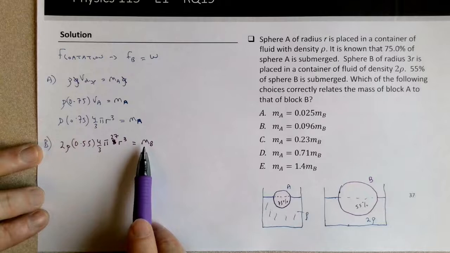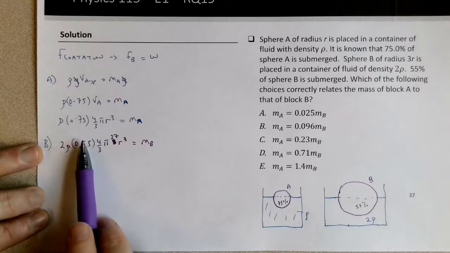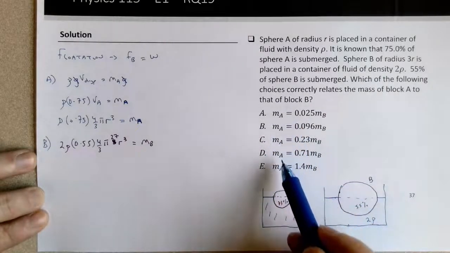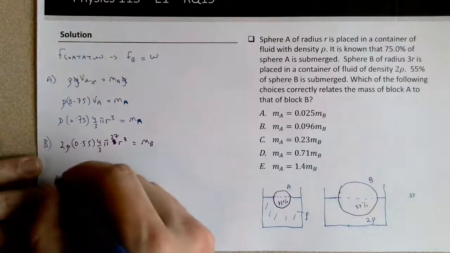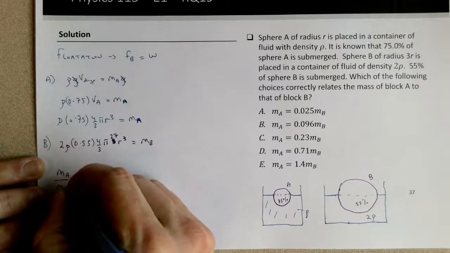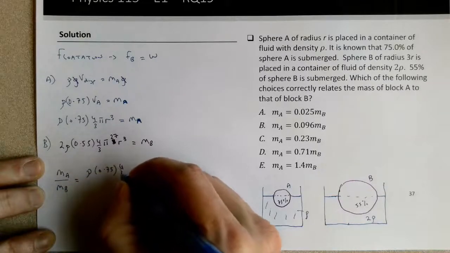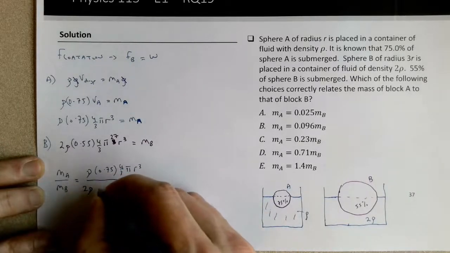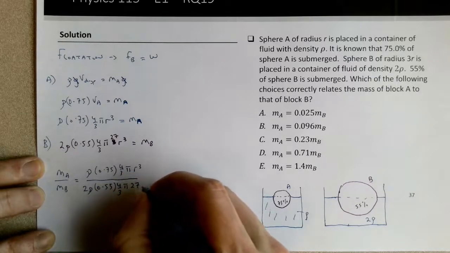Alright, so we've got quantities in terms of the mass of A and mass of B, and hopefully you can see that we're going to end up cancelling a lot of common factors. I'm going to write this as a ratio, because I'm looking for the ratio, and I could describe each of the choices as a ratio if I just divide across by MB. So if I write MA over MB, I'm going to do rho times 0.75 times 4/3 pi r cubed, all divided by 2 times rho times 0.55 times 4/3 pi times 27 r cubed.